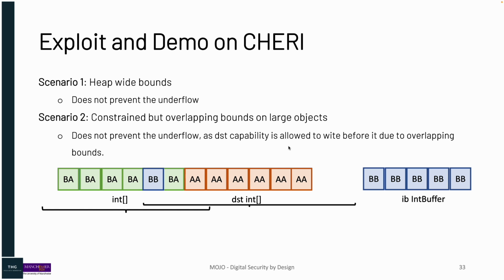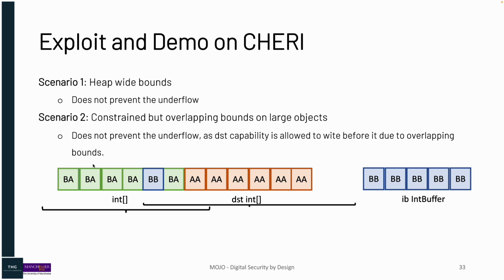Our next scenario is constrained but overlapping bounds on large objects. So why do we have these overlapping bounds? We have these overlapping bounds because of CHERI bounds compression on these capabilities. For larger objects, you don't get the granularity for your bounds, so the bounds between objects that are next to each other on the heap actually overlap.